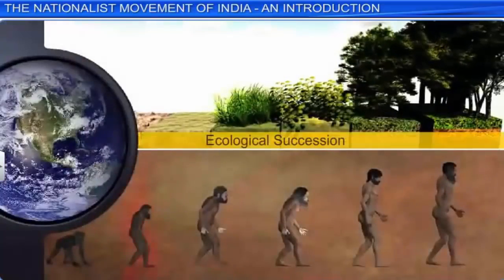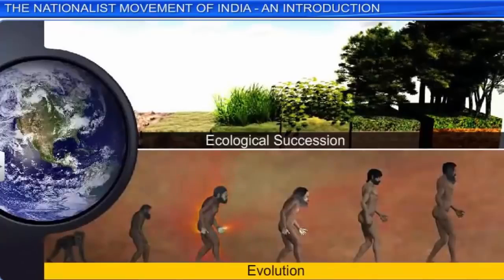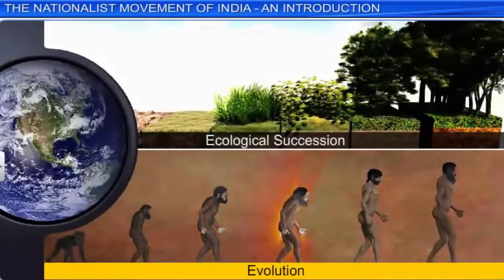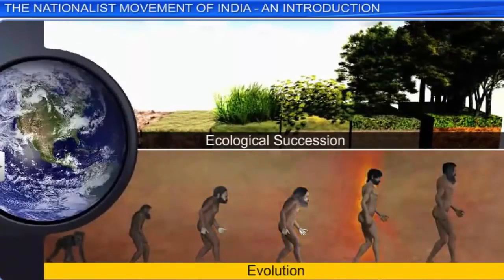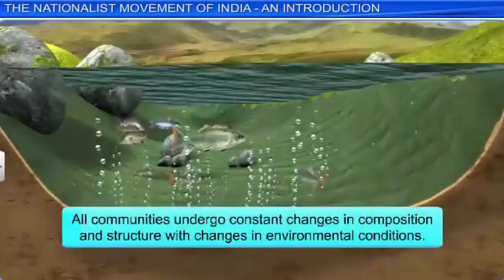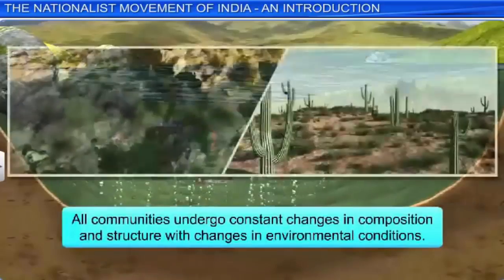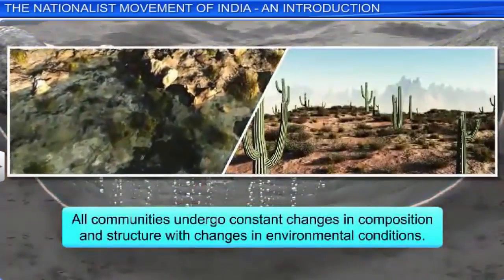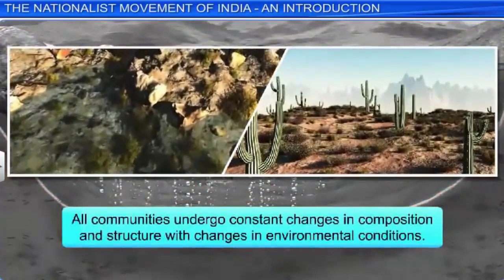It is assumed that succession and evolution are parallel processes in operation since time immemorial. All communities undergo constant changes in their composition and structure in response to changes in environmental conditions.